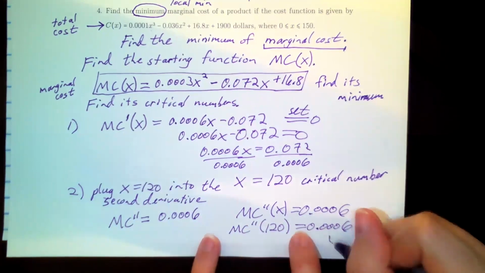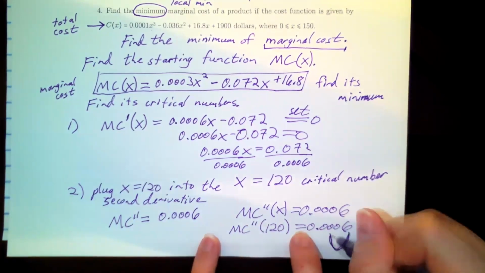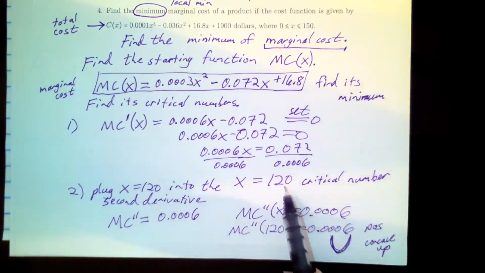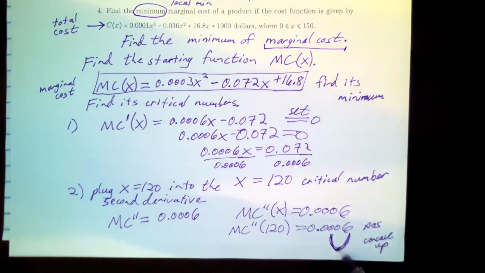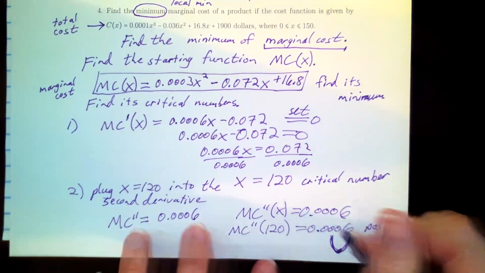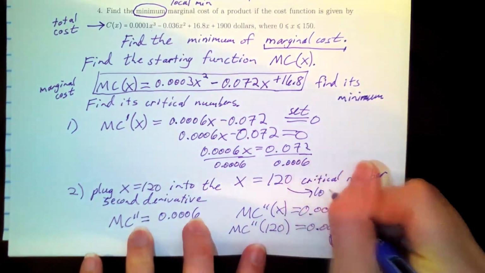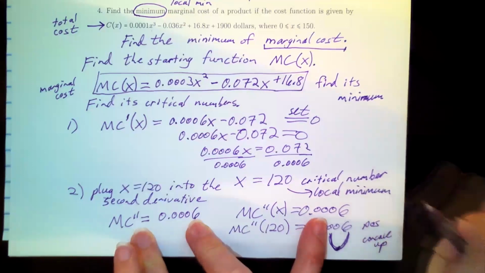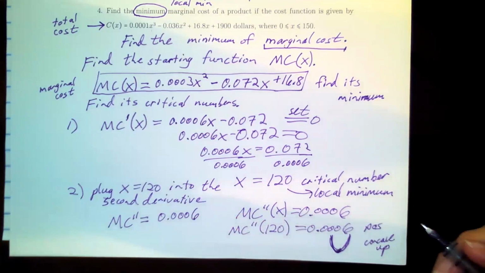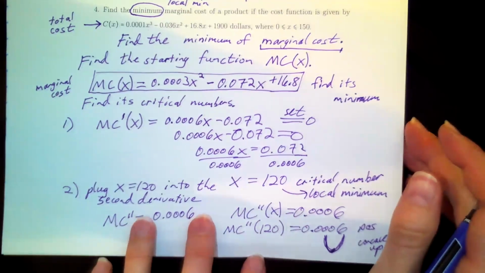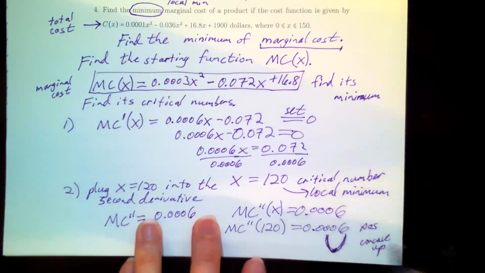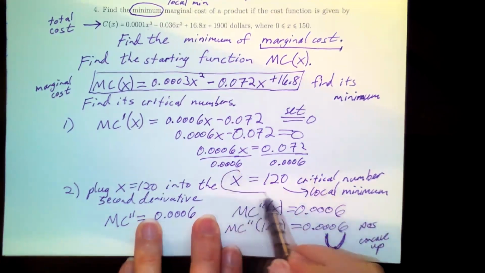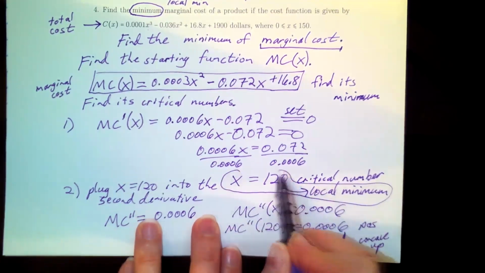So if it's concave up at this potential max or min, which does it have to be? If it's concave up, that shape dictates that x equal 120 must correspond to a local minimum. Okay, so x equal 120 corresponds to the local min.